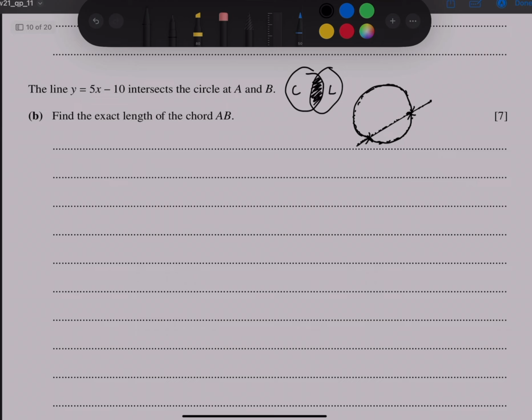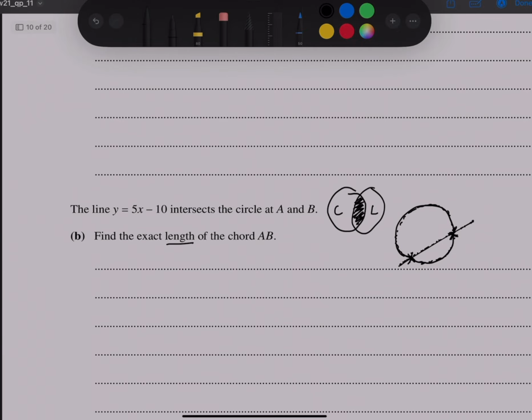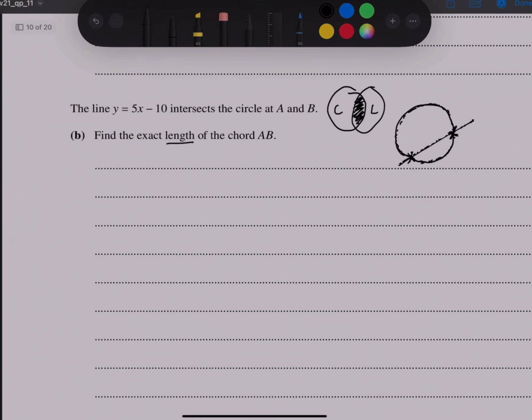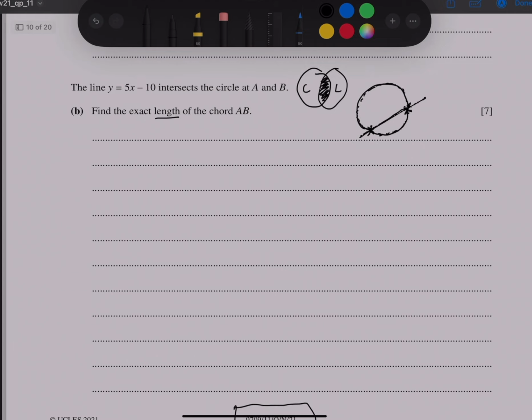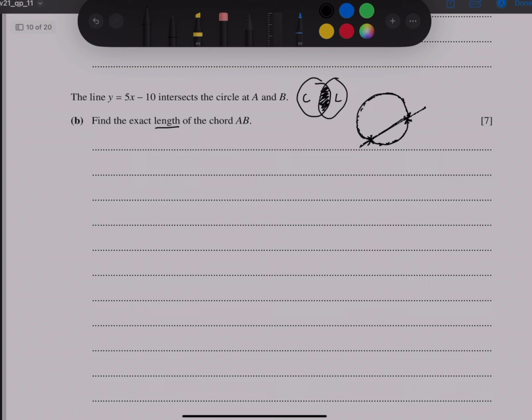This intersection is these 2 points. They want the length, and like we did in the previous question, we found the length of 2 points by using the length of a segment equation. So to do the length here as well, we would need these 2 points. Anyway, how do we go about getting these 2 points? If you want to do this question yourself, you can.